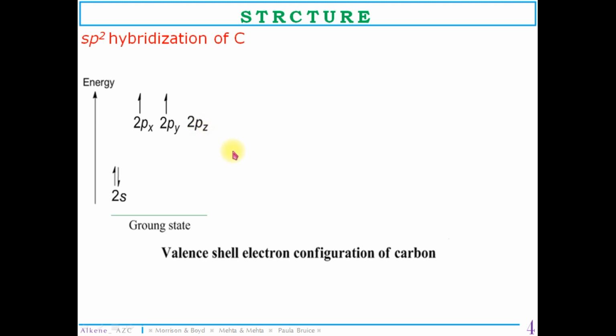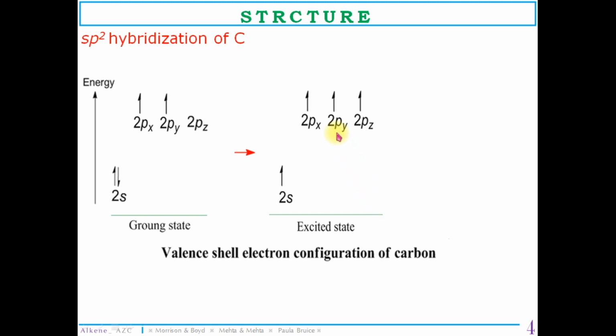For hybridization, carbon first reaches an excited state where there is migration of an electron from a lower orbital to a higher orbital. Here one of the electrons of the 2s orbital jumps to the 2pz orbital, and here is the excited state electron configuration of carbon.